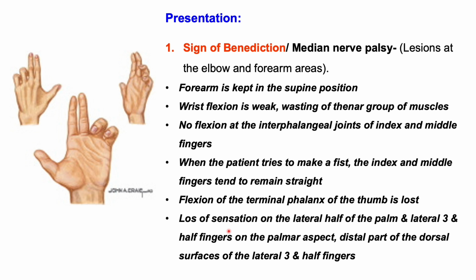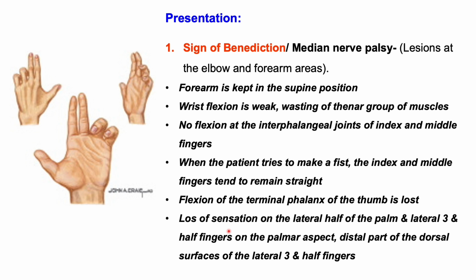So whenever there is injury to the anterior interosseous nerve, the thenar muscles are unaffected, okay, because the anterior interosseous nerve doesn't give any muscular branches in the hand. It mainly supplies the deep flexor group of muscles, which includes flexor pollicis longus, flexor digitorum profundus, that is the lateral half, and pronator quadratus.